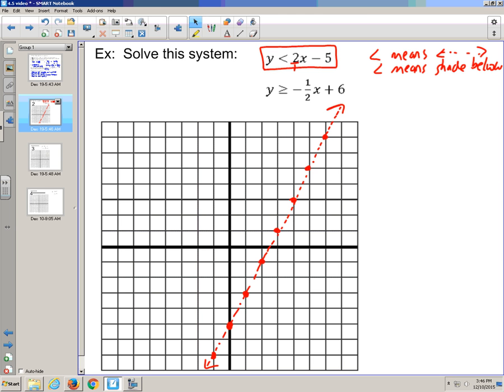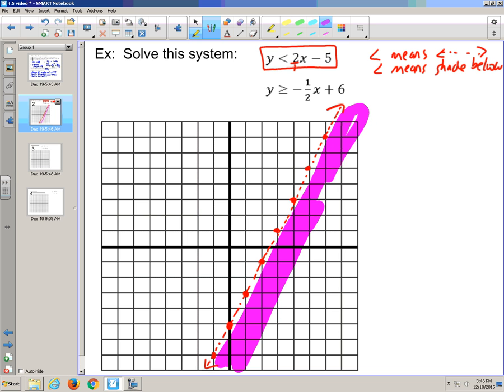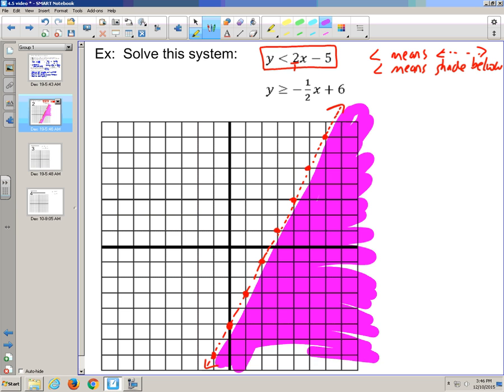For my shading, I'm going to just use a highlighter because I think it's easier to see. I'm going to shade everything down in this area here. So that's for my red line.